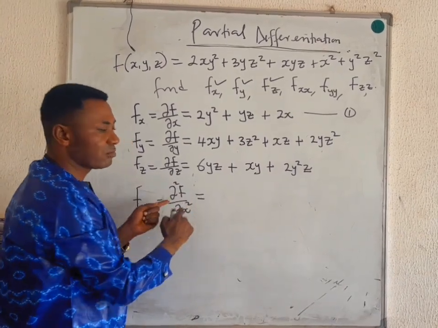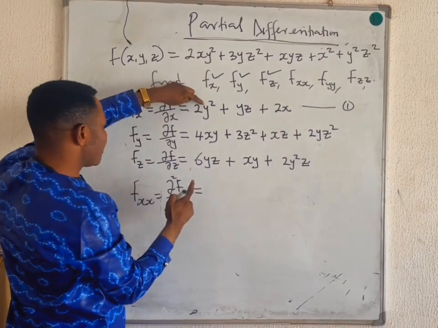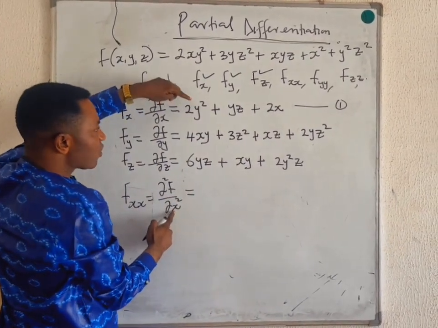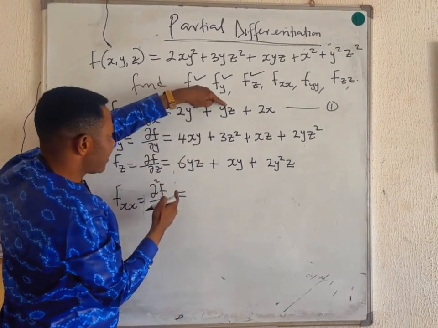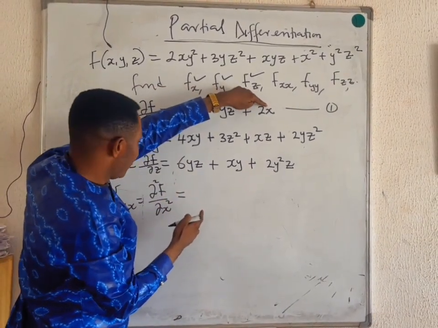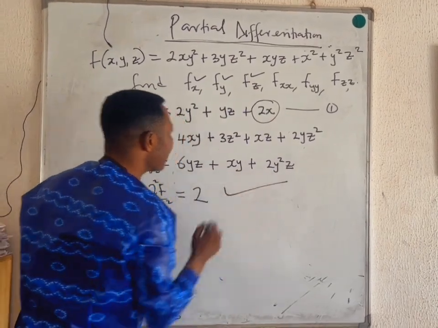This is the second derivative. Differentiating this one, remember, is still with respect to x. Since there is no x in 2y squared, we have nothing to do with this one. There is no x in yz, we have nothing to do, but there is x in 2x. Differentiating 2x, we have 2.